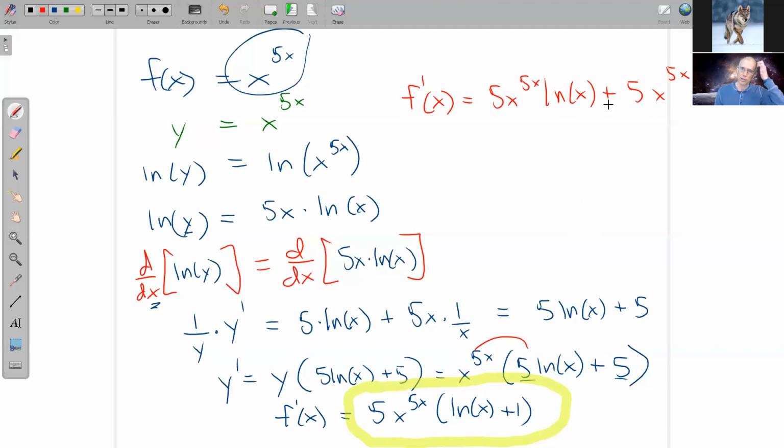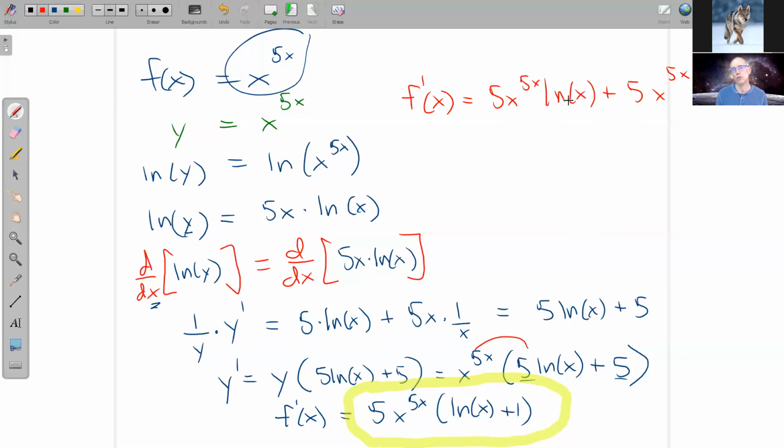And let's see. Yeah, so we've kind of got two rules going on at once here. The 5 came down here, right? Kind of like the power rule, although we didn't get to reduce that by 1, but it's similar.